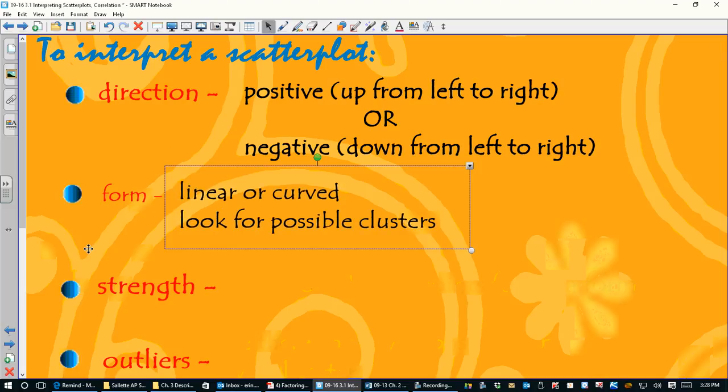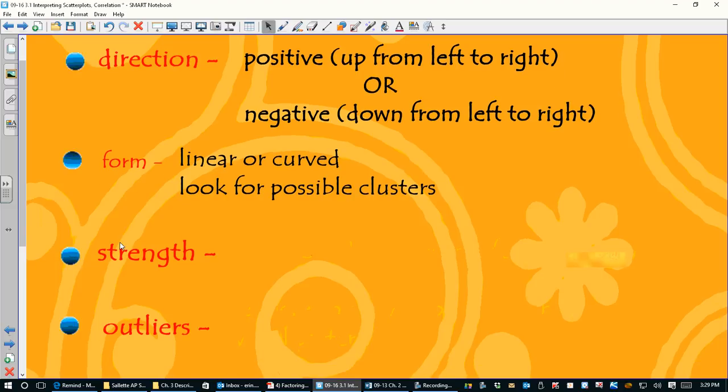The form that it takes, linear, is what we're going to be concentrating on in the not so distant future, but it could be a curved possibility. There's also looking for possible clusters. We could have some situations that we have names for that I will give you in a little bit.